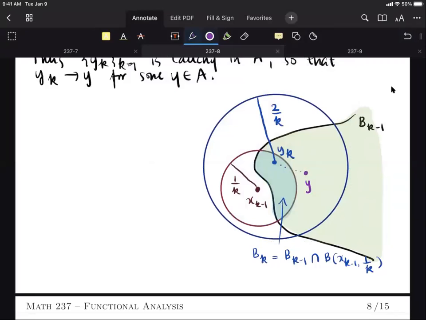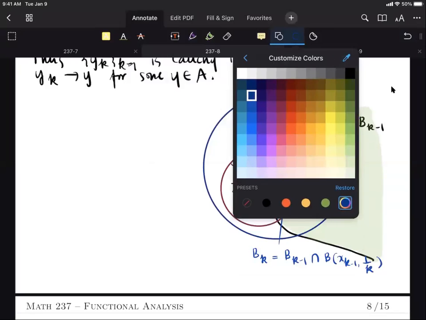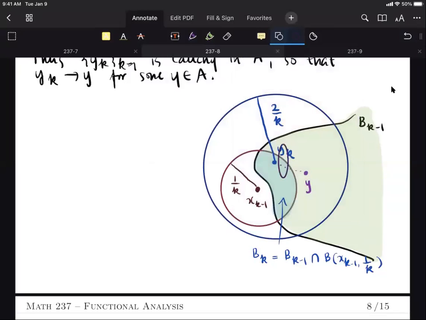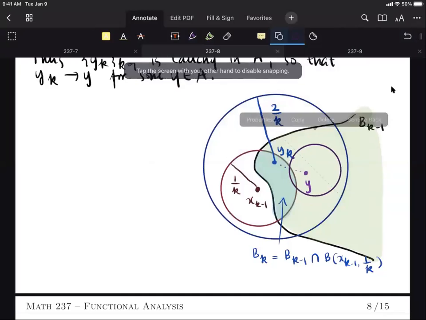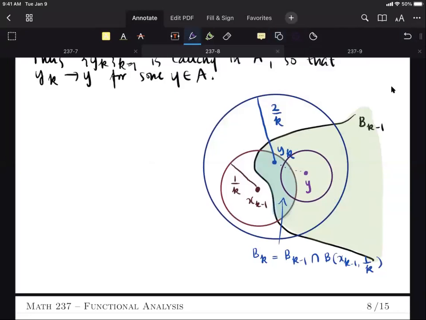And for this, we consider a radius delta that is contained in this blue region here. Consider the ball centered at y, but now this one has radius delta.